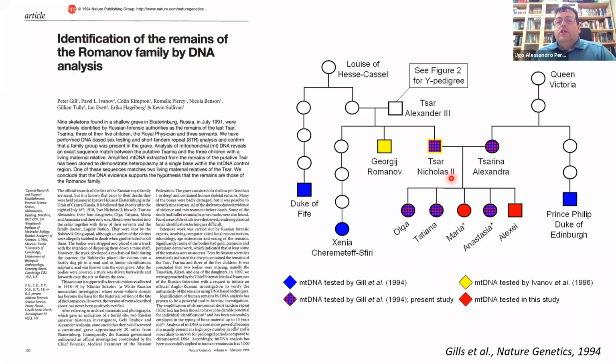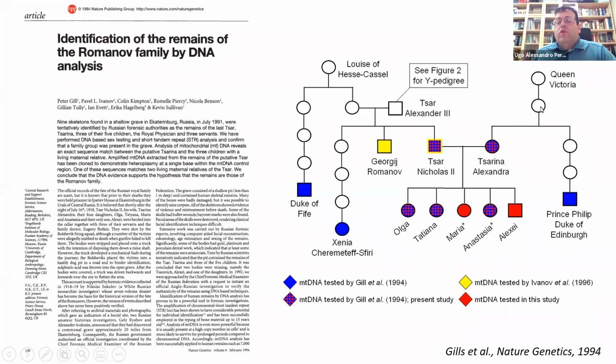Now, in those days, even today, all the royal families would tend to marry with other royalty. And so in the case of Alexandra, she was the granddaughter of Queen Victoria of England, and she is the great aunt of Prince Philip, Duke of Edinburgh. So Prince Philip was also tested for his mitochondrial DNA, sharing the same maternal line.